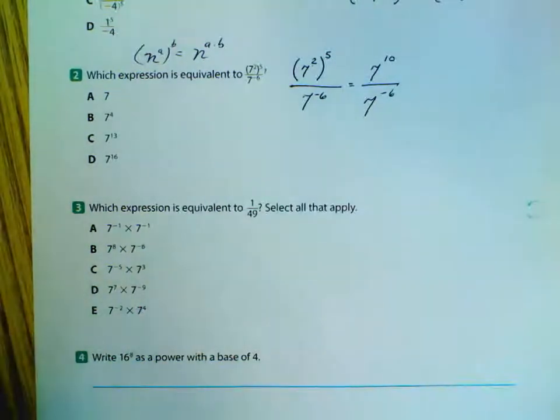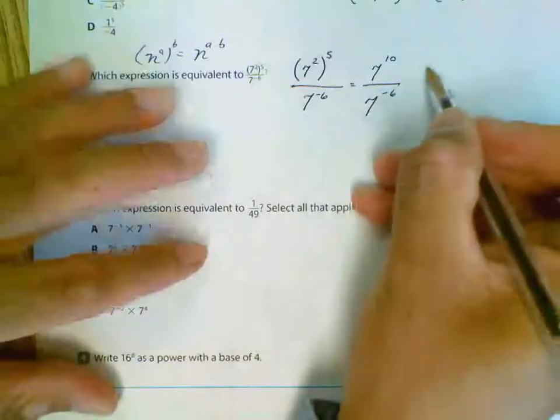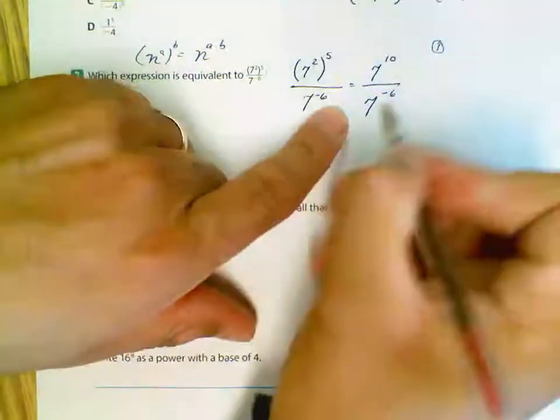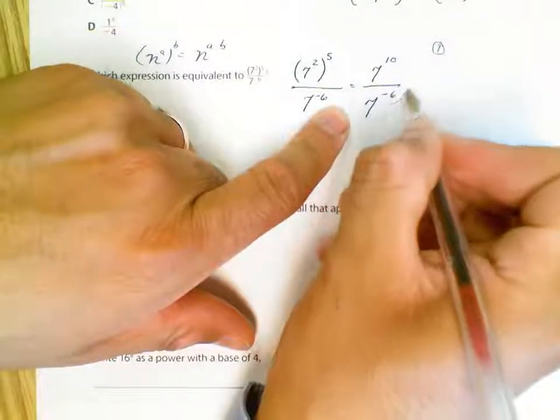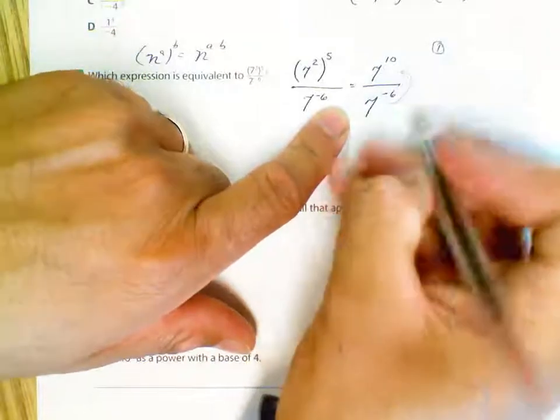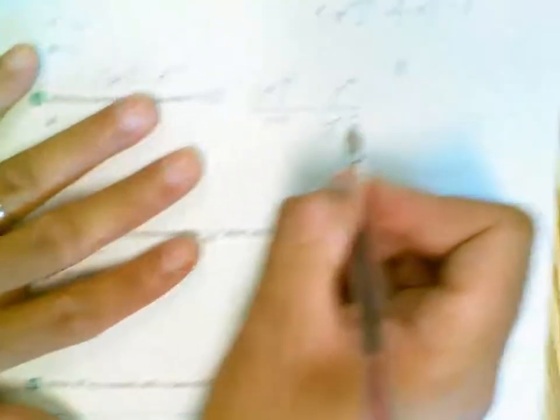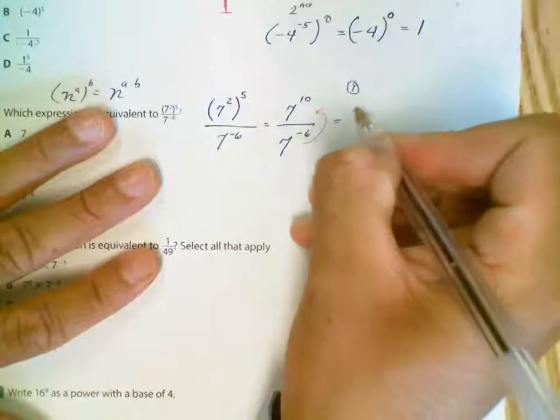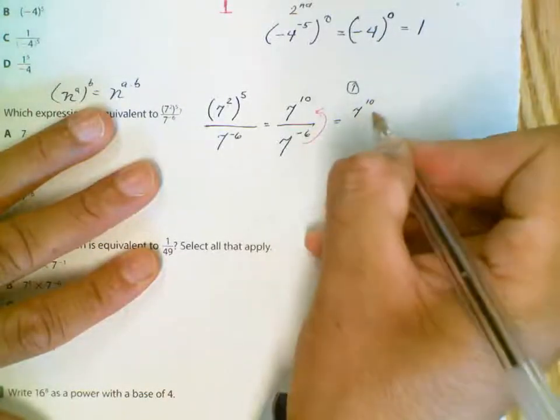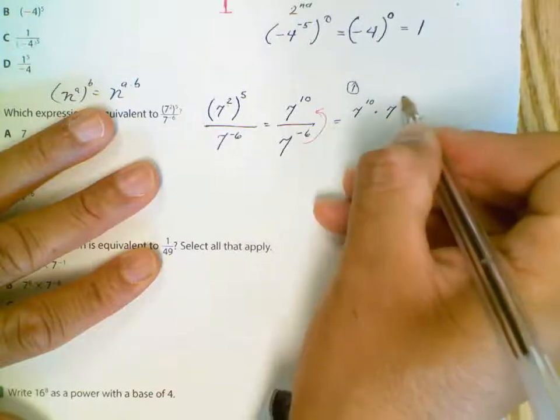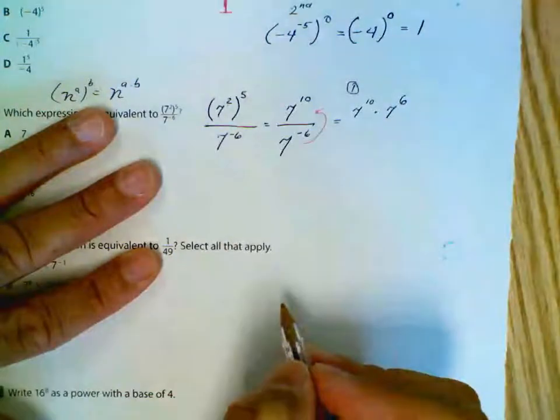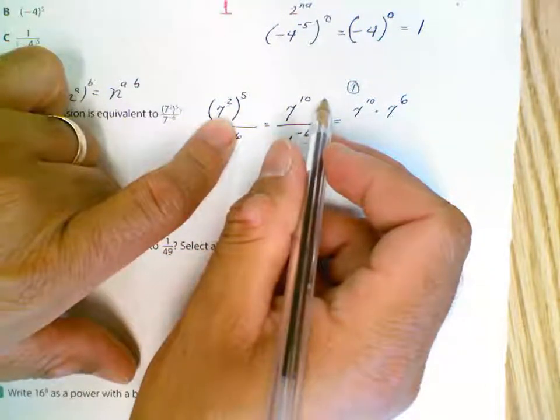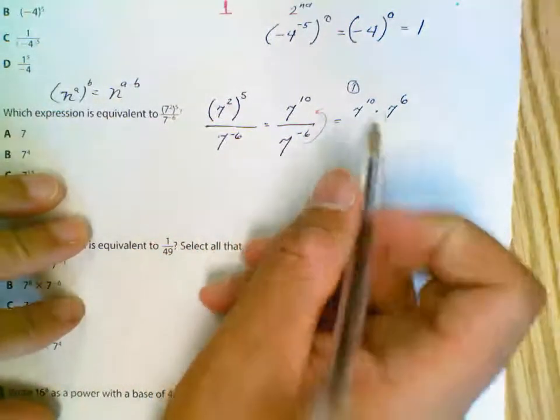2 options to solve this problem. So option number 1. We move this 7 to the -6 to the numerator, and we're going to change the negative exponent to positive. So this is what's going to happen. 7 to the 10th power times 7 to the 6th power. So I have a negative exponent, but if I move it to the numerator, I'm going to have a positive.